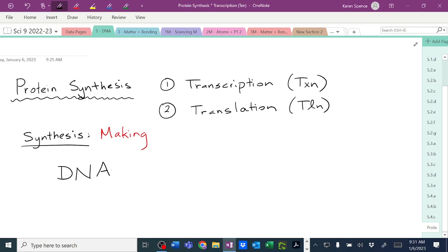And what do we have to make before we can make a protein? Chat with your partner about that. We don't just go DNA and then protein, magic. There's something in between the DNA and the protein. See if you can chat with your partner and remember that.